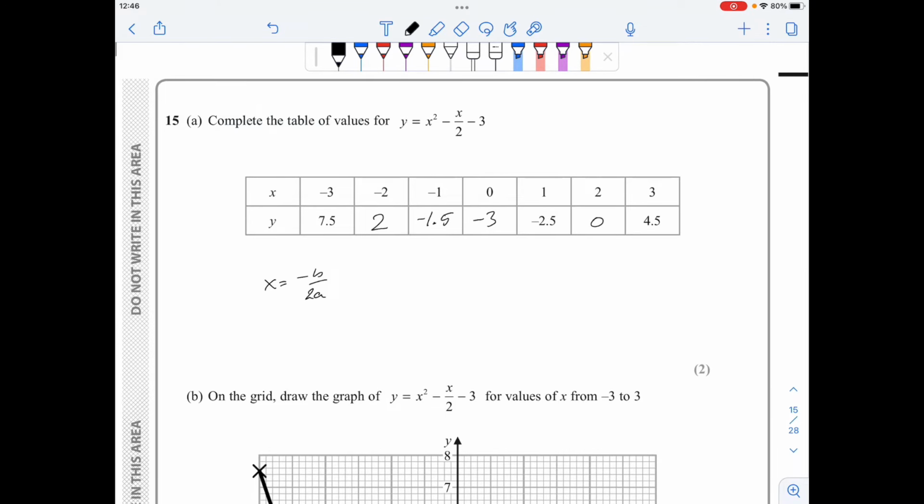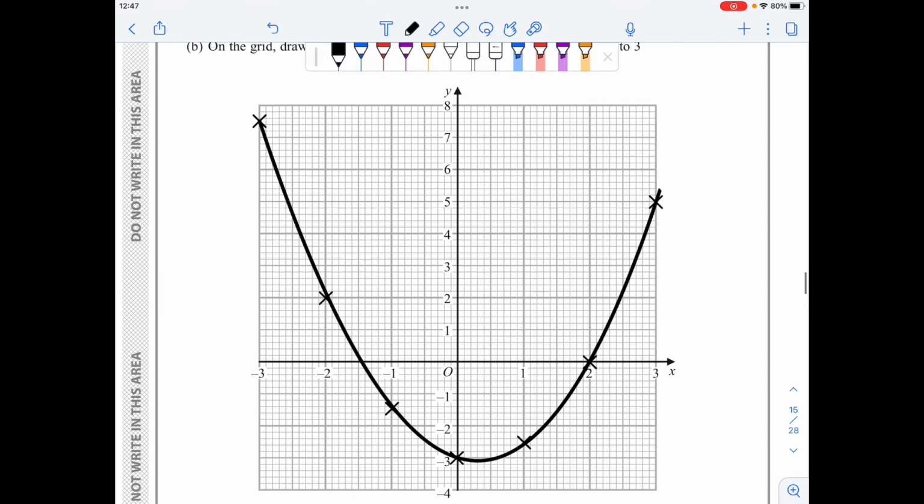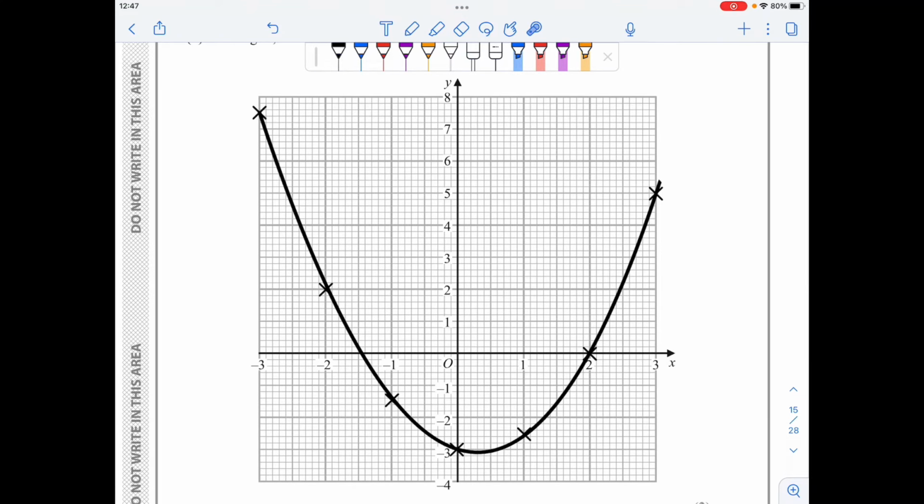In our case, a is 1, b is minus a half, and c is minus 3. So if I substitute these values, minus a half over 2 times 1, this will give me 1 over 4. That's the x-coordinate of the minimum point. So as you can see, this is somewhere here.